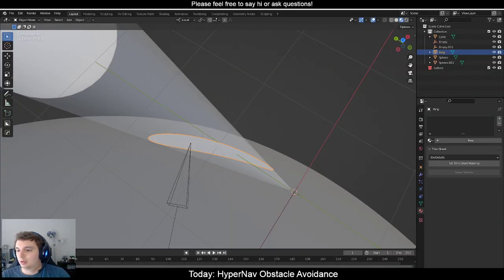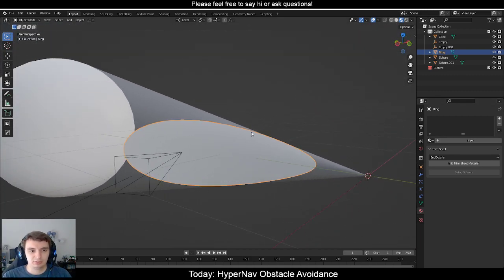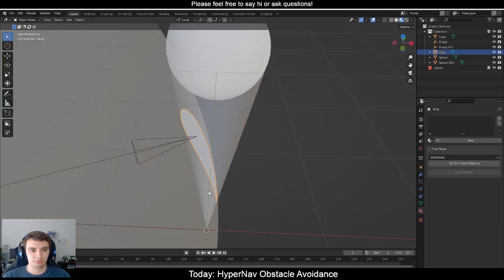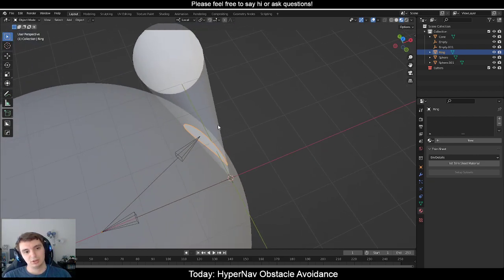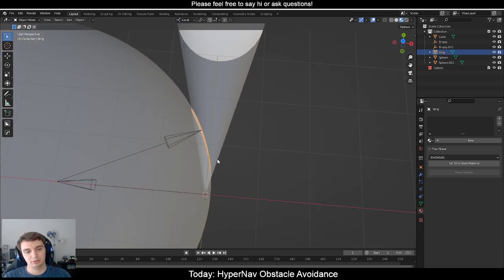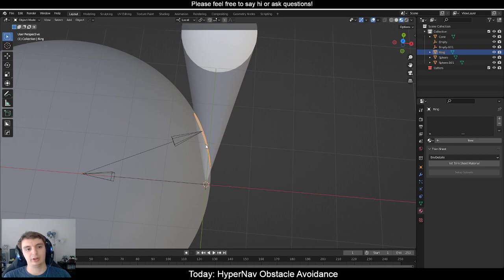Okay. Now, one solution would just be to sample points along this thing, because we can easily take points that are on this cone and figure out where they lie on the sphere.